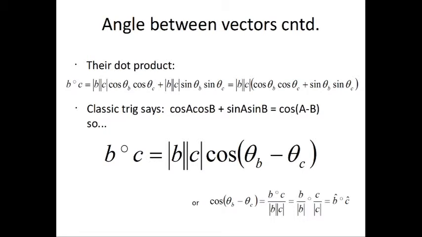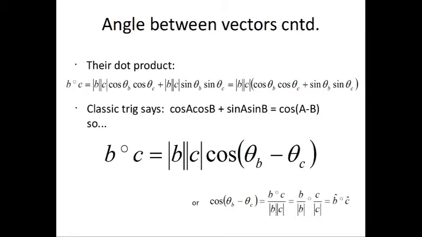If we simply take the dot product of these two vectors, b dot c, we can see that we end up with their lengths multiplied, and this multiplied by the cosine of theta b times the cosine of theta c plus the sine of theta b times the sine of theta c.